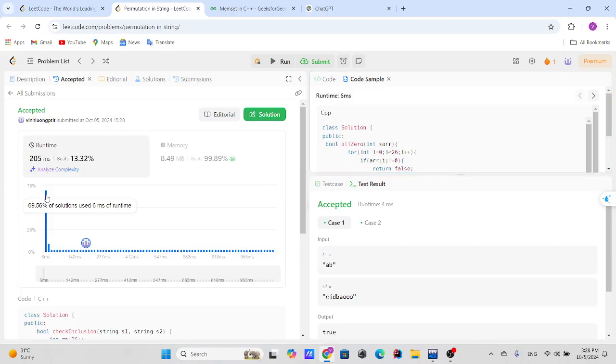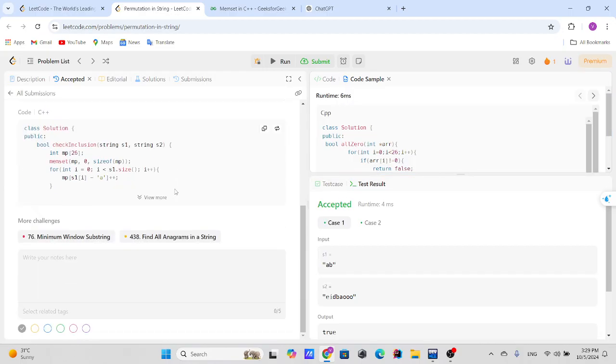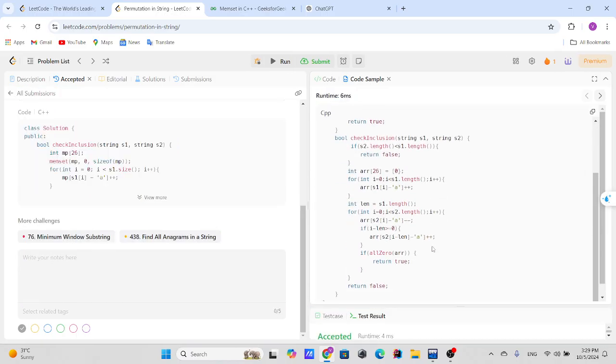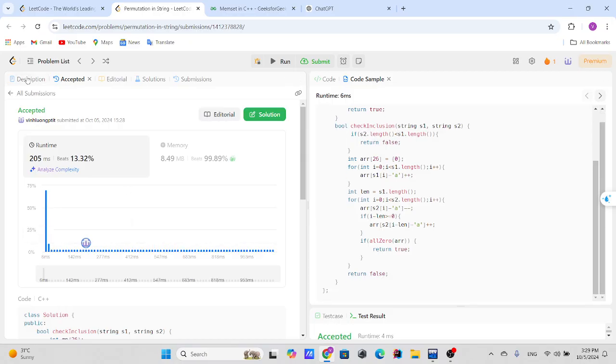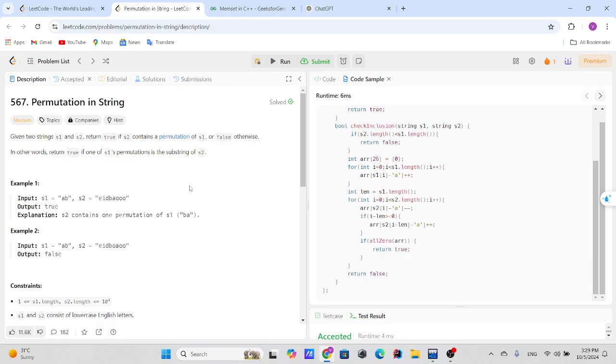There's a lot better way to solve it. I'm not proud of solving this problem with a greedy approach, but let me try to find the best way. How can we do it better?